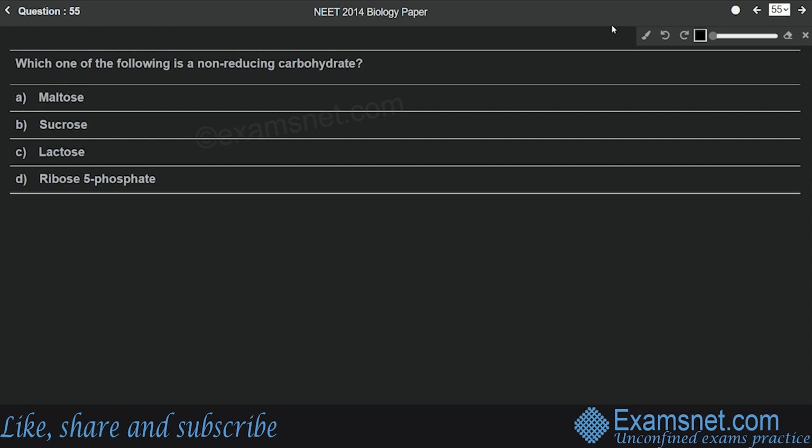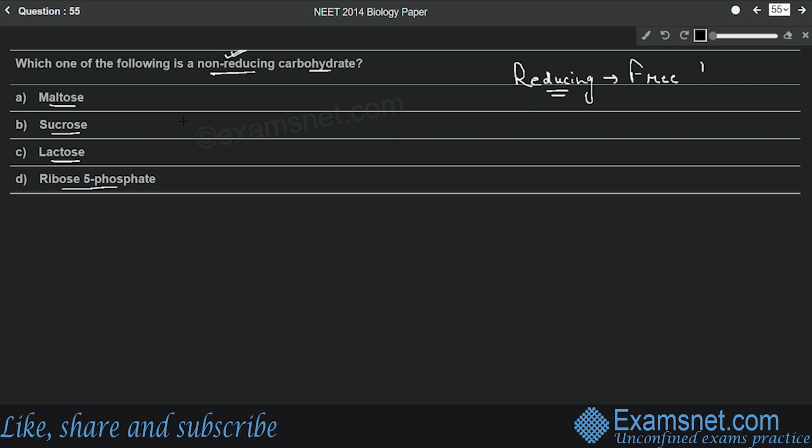Question number 55 is again from the chapter Biomolecules, and the question is, which one of the following is a non-reducing carbohydrate? Options are maltose, sucrose, lactose and ribose 5-phosphate. So what is a non-reducing carbohydrate? See, we know that in case of reducing carbohydrate, the carbohydrate or the sugar can act as the reducing agent because of the presence of free aldehyde or ketone group.